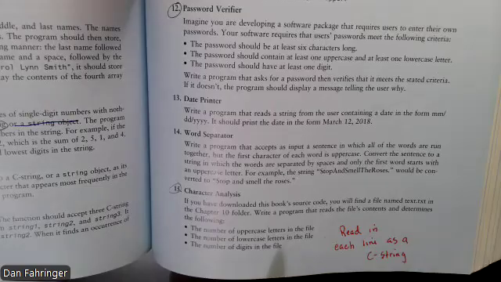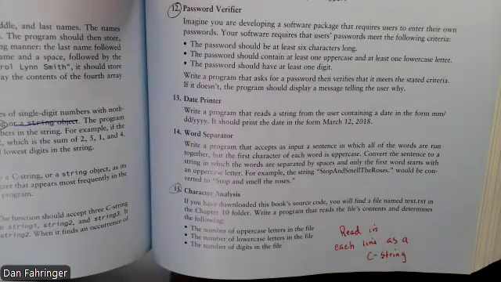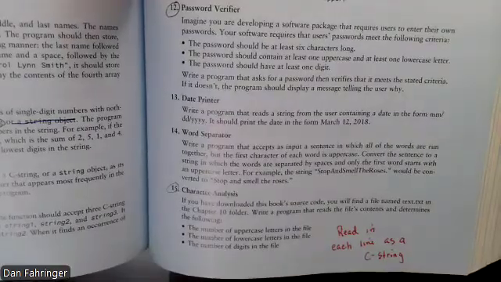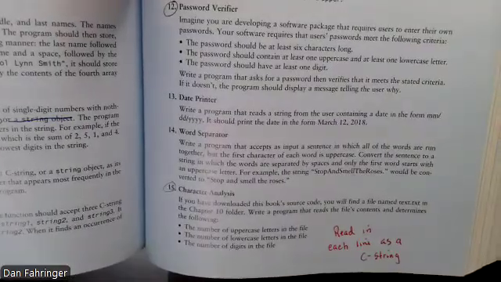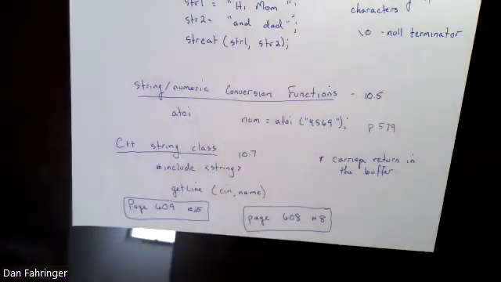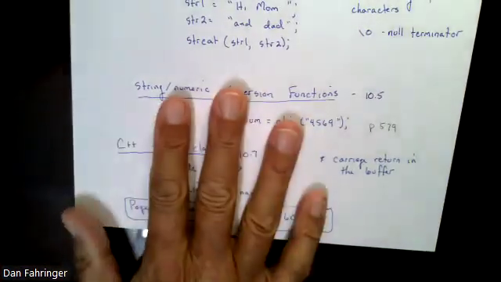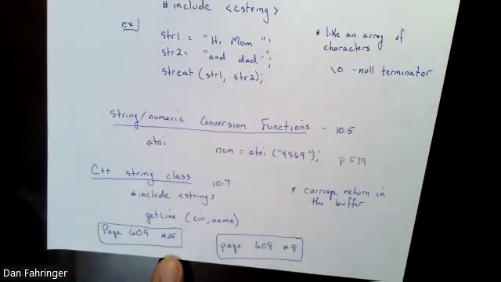And it sounds to me like we're going to do that with is upper, is lower, is digit. So I think these two programs will give us a little bit of flavor of what we're doing in chapter 10. Questions? Comments? Again, that was page 609, number 15, and 608, number 8.